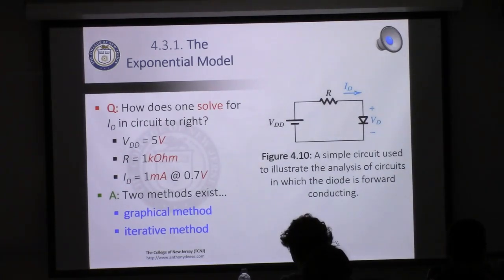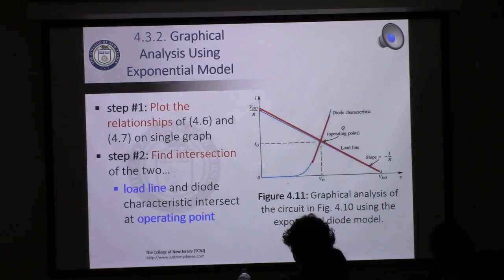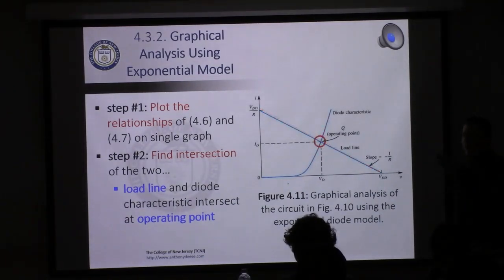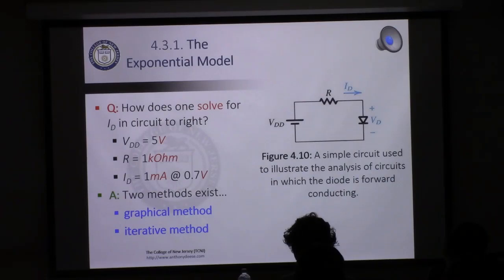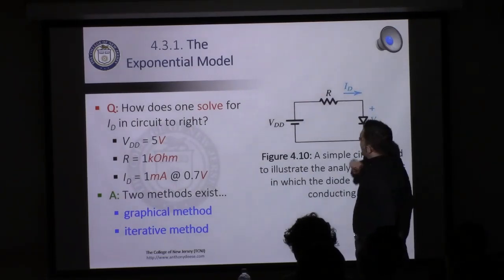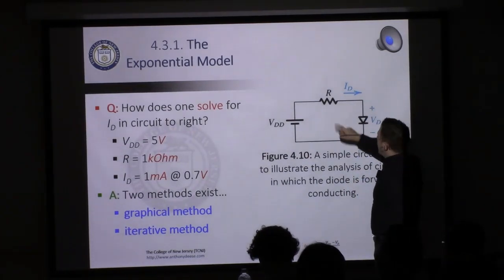So how would we solve this problem using the graphical method? Essentially, we have to plot the two constraints that dictate this circuit and the way that it works. So what are the two constraints? First, ID has got to be equal to (VDD minus VD) over R, right?